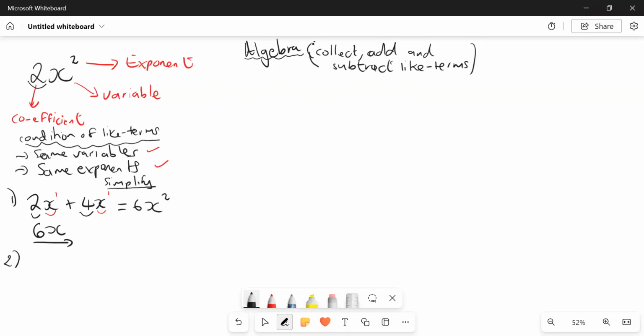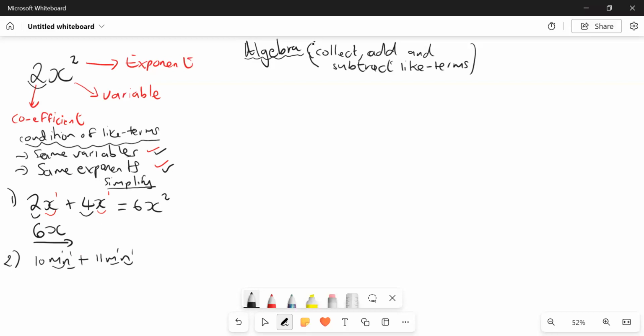So example 2, we have 10mn plus 11mn. Same applies. We go back to our conditions. Same variables? Yes, we have m, we have n as well as n. That's correct. Same exponents? Yes, we have 1 as well as 1. So we met the conditions of like terms. So now we can add our coefficients.